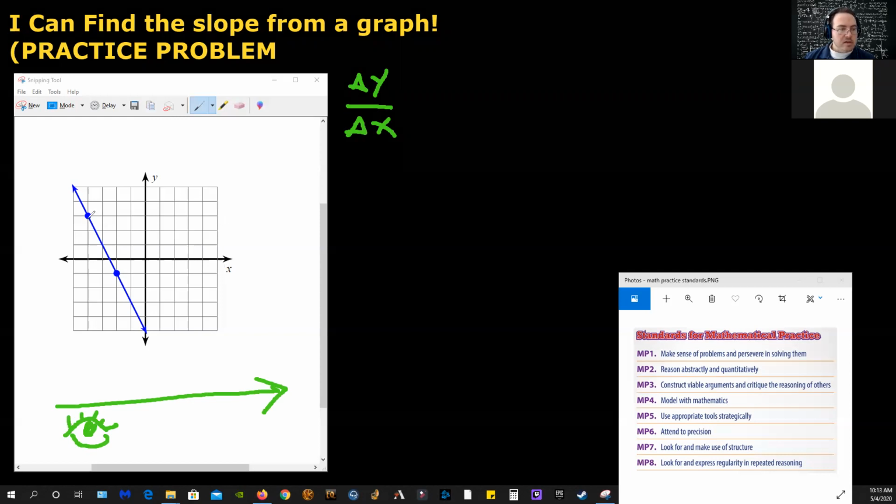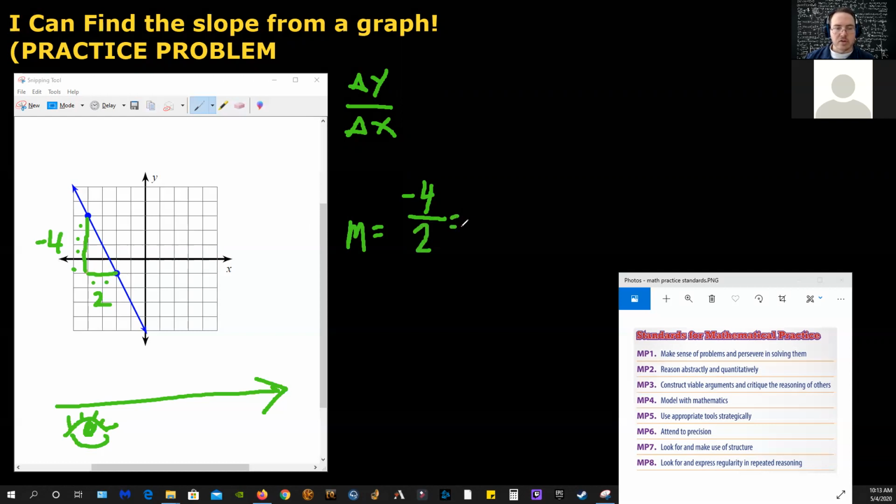The question is, how many units down and how many units over does it go? It's 1 square, 2 squares, 3 squares, 4 squares. So it goes down 4, and then over 2. So the slope of this guy, it goes down 4, so -4 is the change in y, and to the right 2, that's the change in x, so its slope is -4/2.